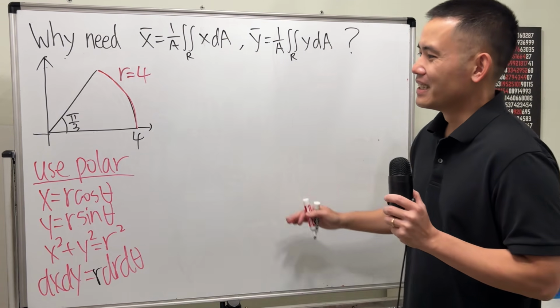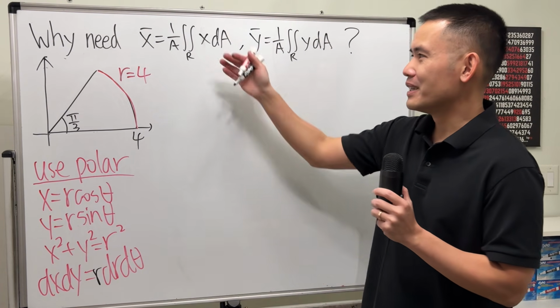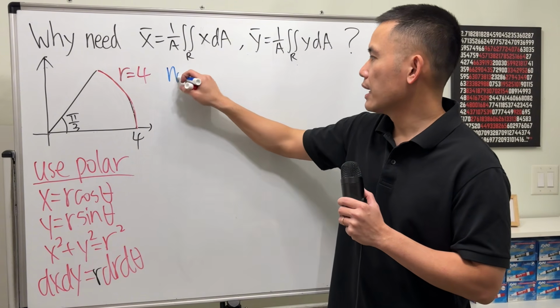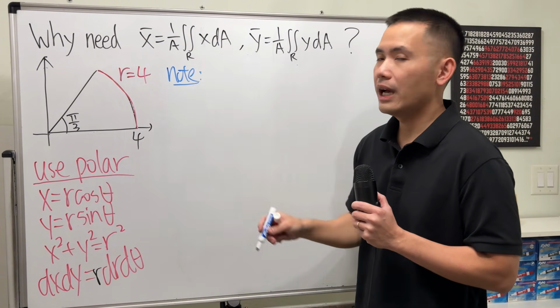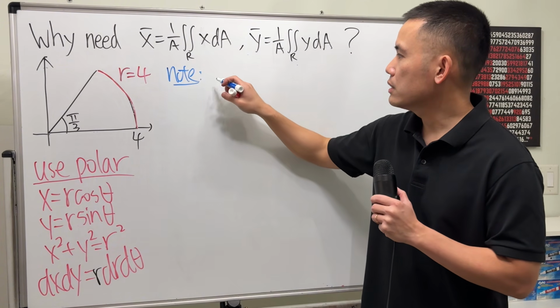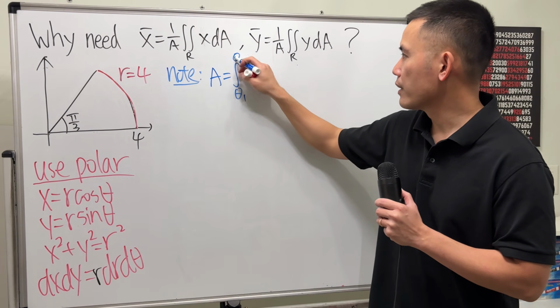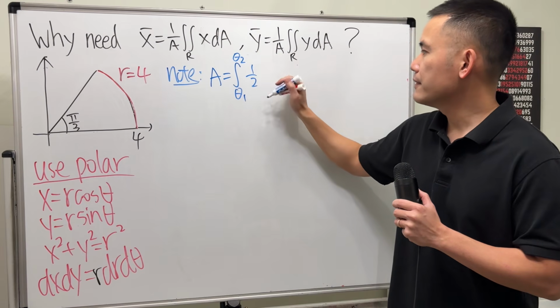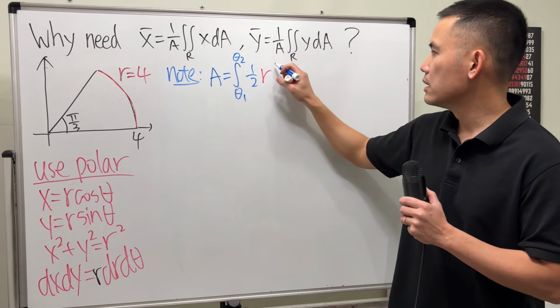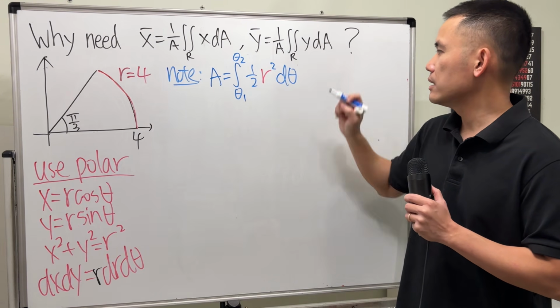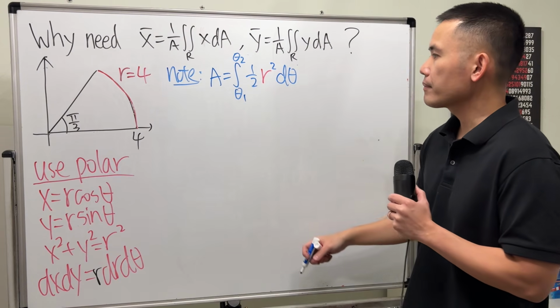All right, with all this being done, here we go. First, let me remind you guys how to find the area when we have a polar situation. Area equals integral going from theta 1 to theta 2 of 1/2 times the function r, square that, d theta.